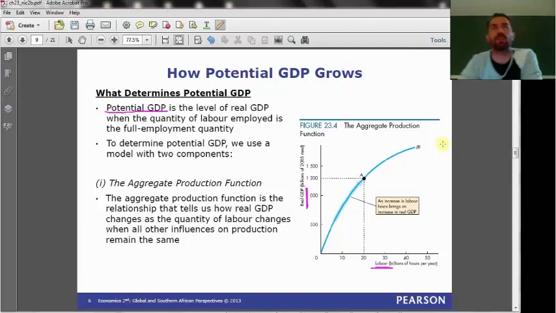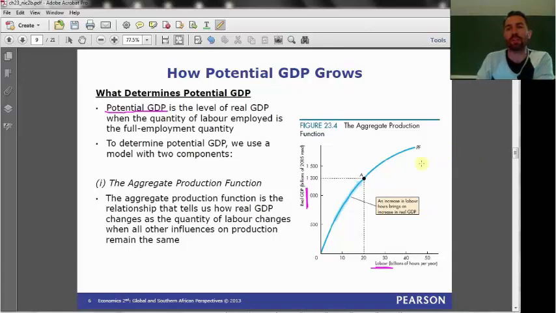Absolutely. So you've got diminishing marginal returns to labor. For each additional unit of labor that we add, the extra output that we get goes up by a smaller and smaller amount. Right? Diminishing marginal returns to labor.